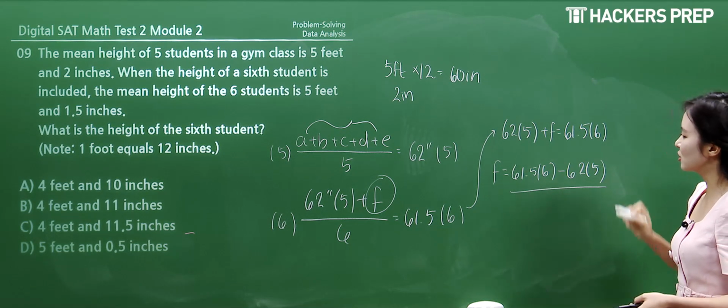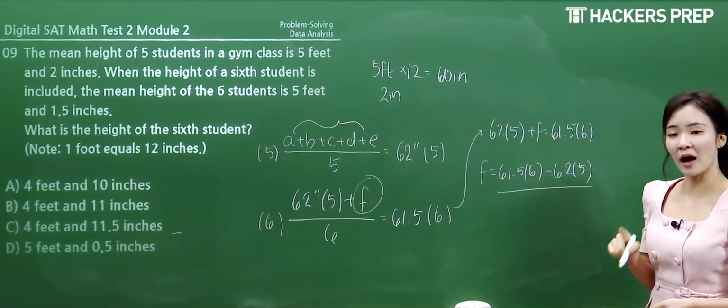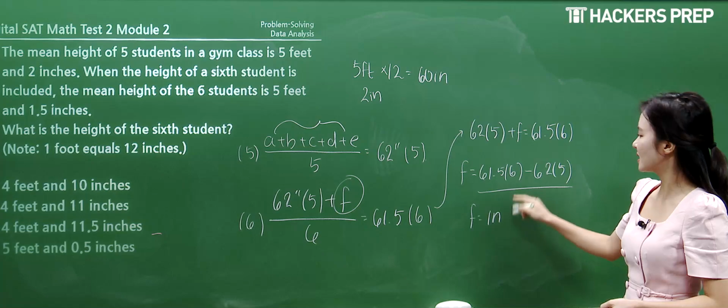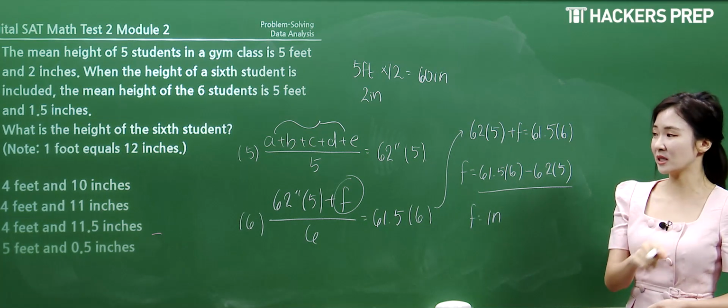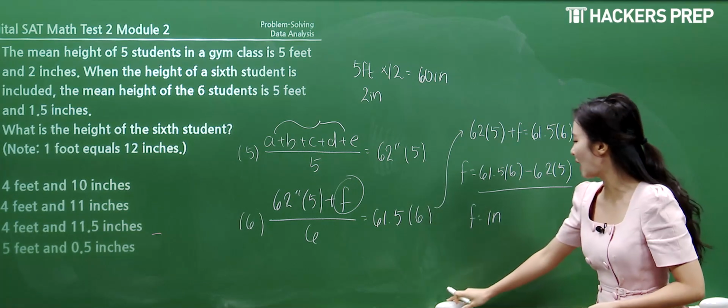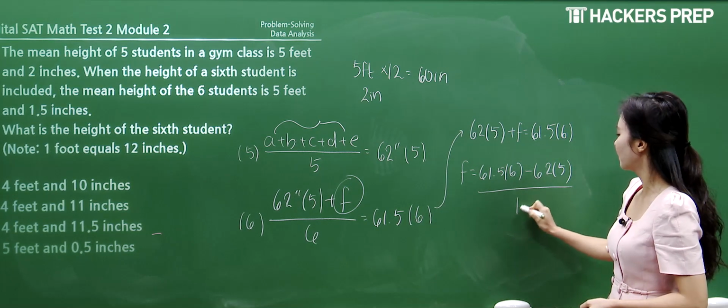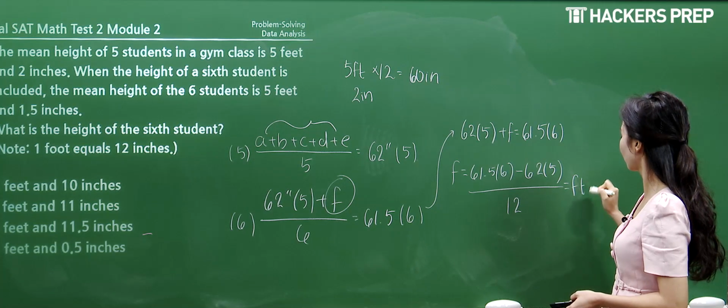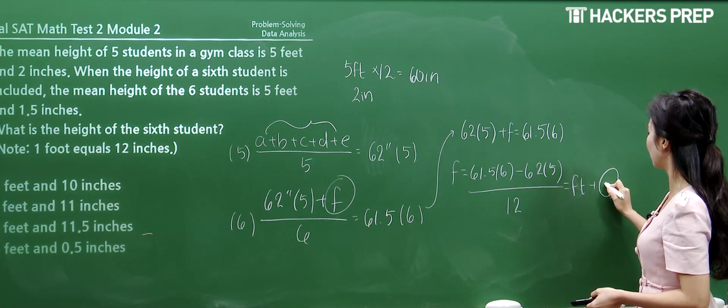If you plug this into the calculator, this should give you the height in inches, okay? And then finally, once this is given in inches, we want to convert this back to feet, right? So in this case, we would divide by 12, and that should give you the feet with the remaining inches, okay?